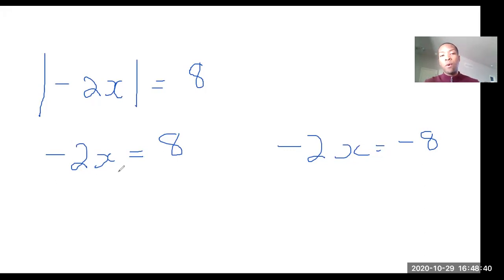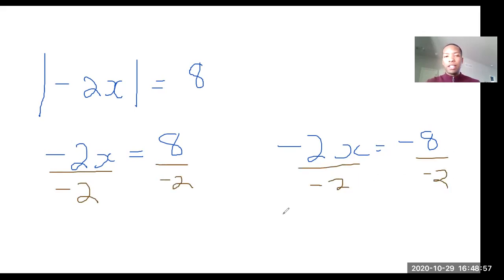So I write up my equation using a positive value and a negative value. And then from here, I do the multiplicative inverse. So I divide both sides by -2 for both my equations. So x is equal to -4 and x is equal to 4.